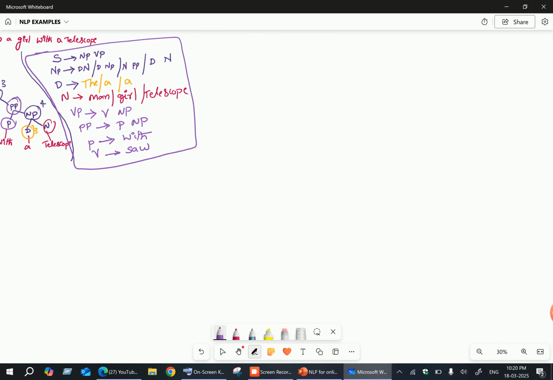So what is our next step? Write down here: stack, input tape and action, right? So now the stack starts with dollar.